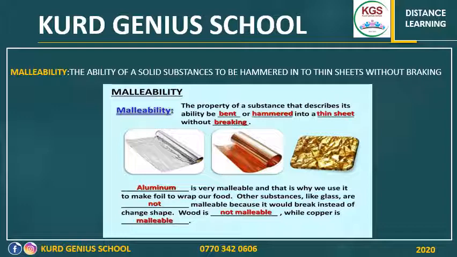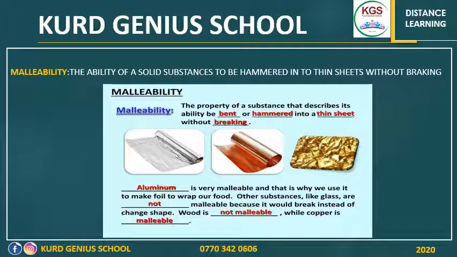How can we protect our food? By using aluminum foil, because it will prevent oxidation between the food and the oxygen found in the environment.